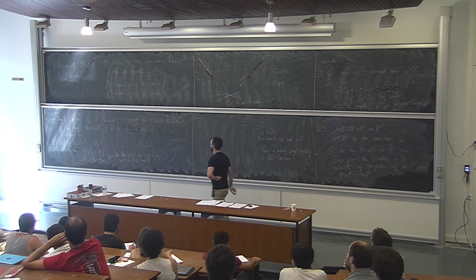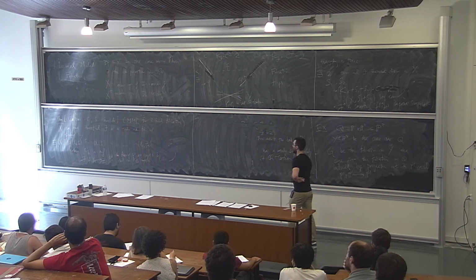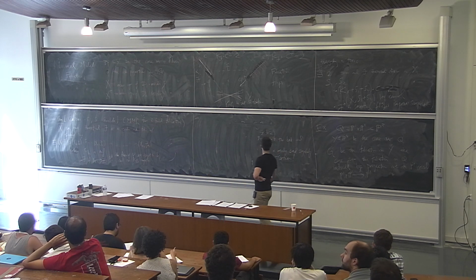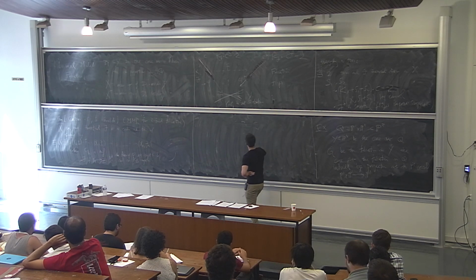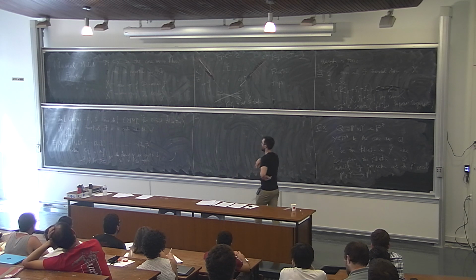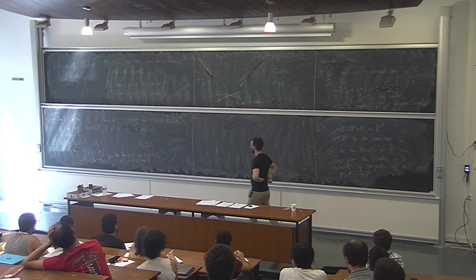I should say that Michael McQuillan has some work on this problem in the one-dimensional situation, or when F is dimension 1. So if you want to run an MMP for pretty much anything on a threefold now, you can do it, which is pretty cool.